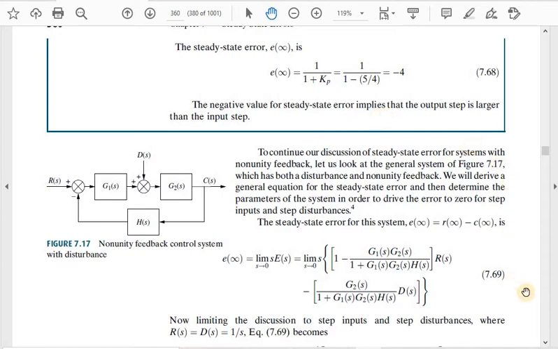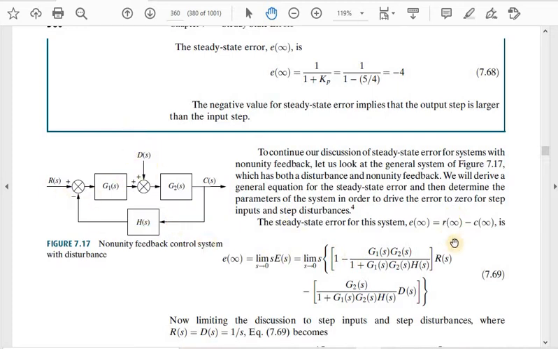Now to continue further, for a system with non-unity feedback, let us look at the general system, this one. Now we can find the error using the equations for disturbances and the input.